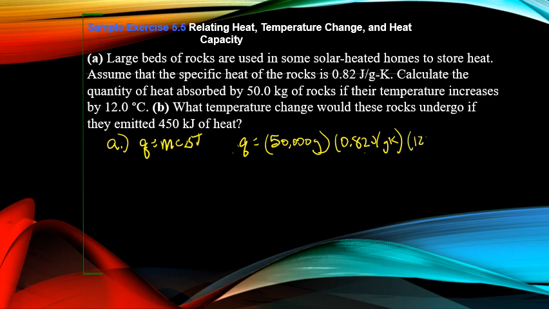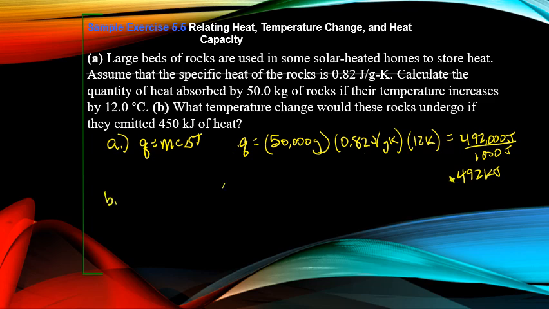So I can multiply that times the 12 Kelvin to get the units to cancel. So at this point, when I plug those in, the amount of heat energy would be 492,000 joules. So again, divide that by 1,000, and that would give me 492 kilojoules of heat that would be absorbed. So I'd have a positive value for Q in this case.